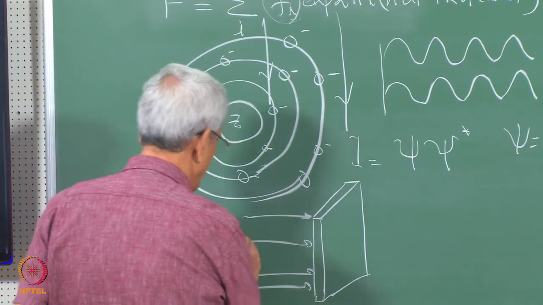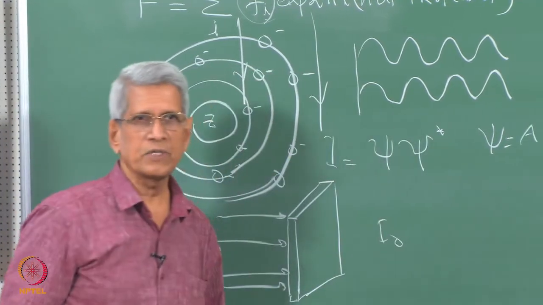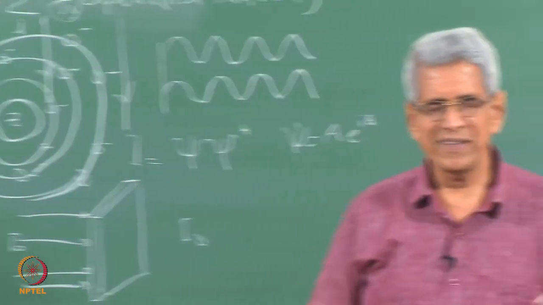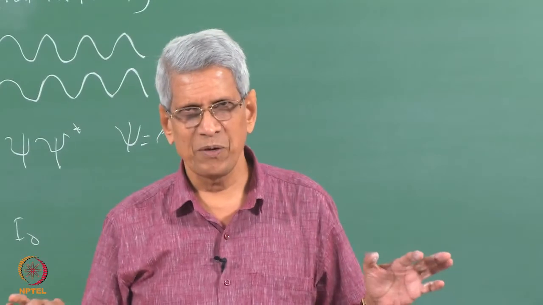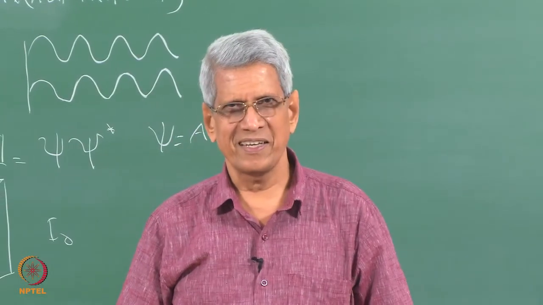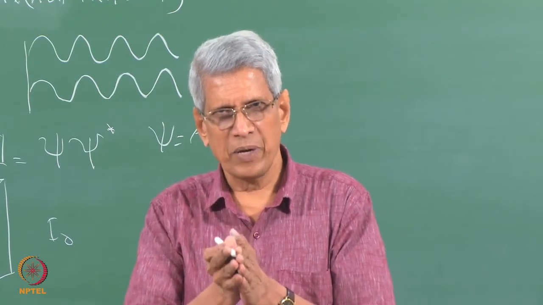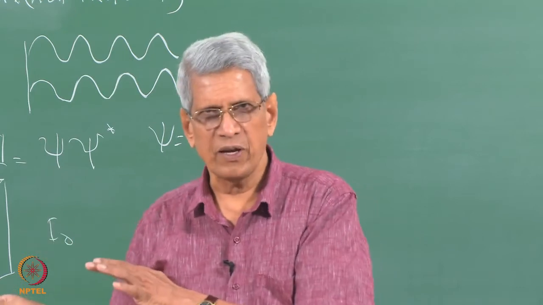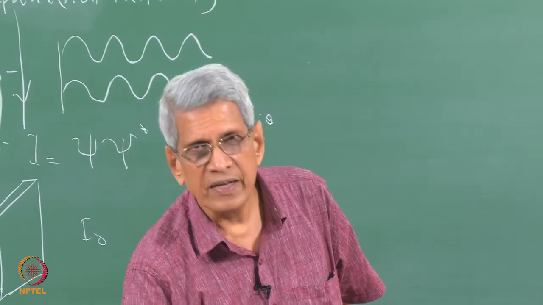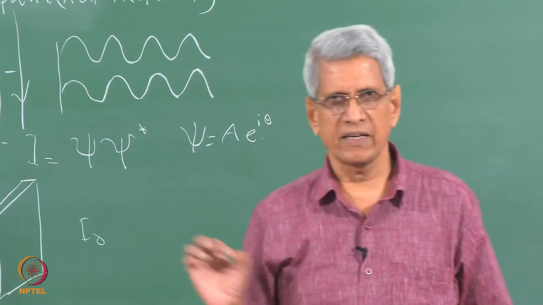If this is the incident intensity and the intensity which comes out is the same as the incident intensity, then we can say that it is totally transparent. There is no scattering taking place. If there is a reduction in intensity, then some intensity is removed from the primary direction, and that is what we say scattering is taking place. This can be expressed in terms of what is called a scattering cross section.